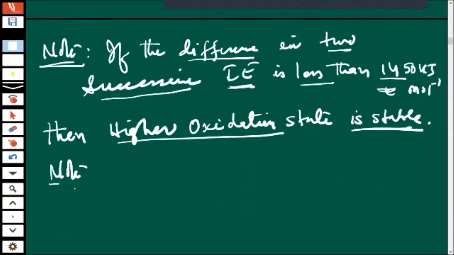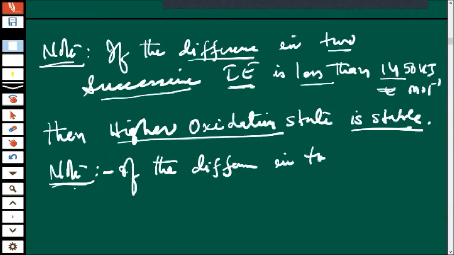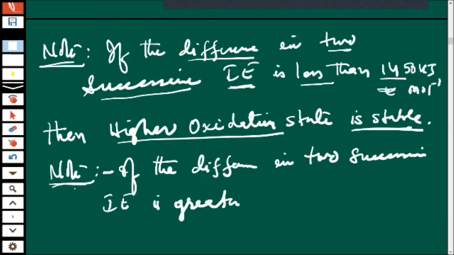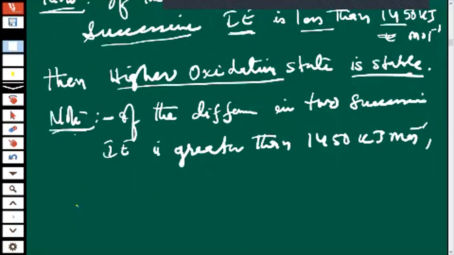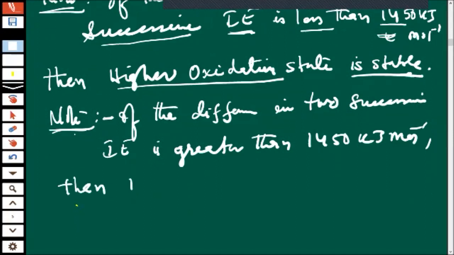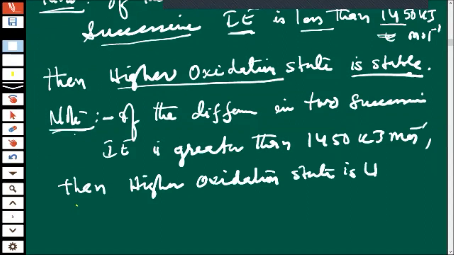Another note: if the difference in two successive ionization energies is greater than 1450 kilojoule per mole, then the higher oxidation state is unstable.